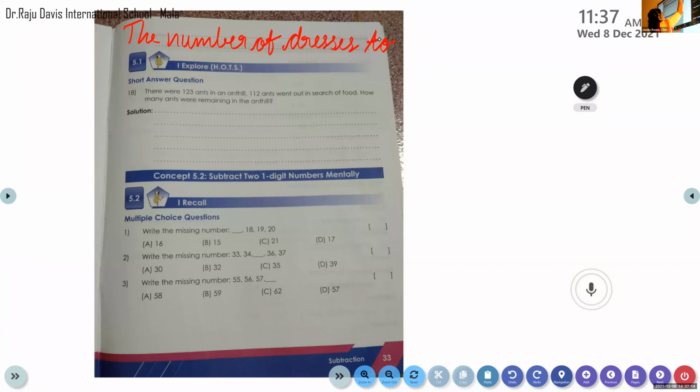Equal to, we need to subtract 854 minus 243. All of you do it. Arrange the numbers in hundreds, tens, and ones. 854 minus 243.